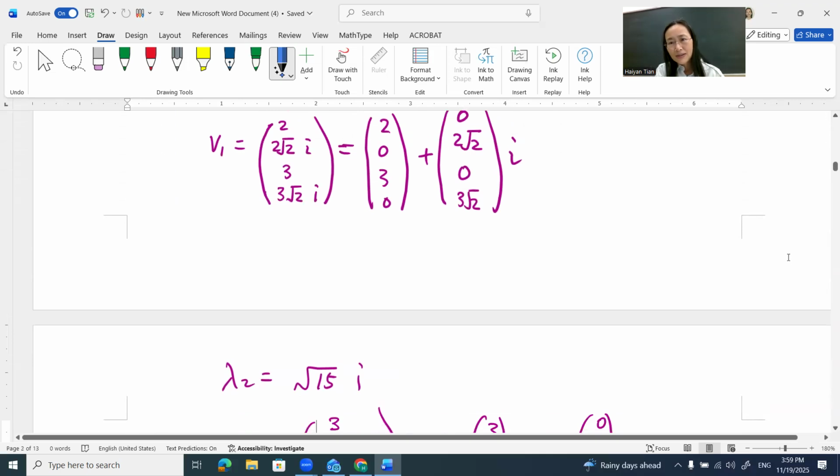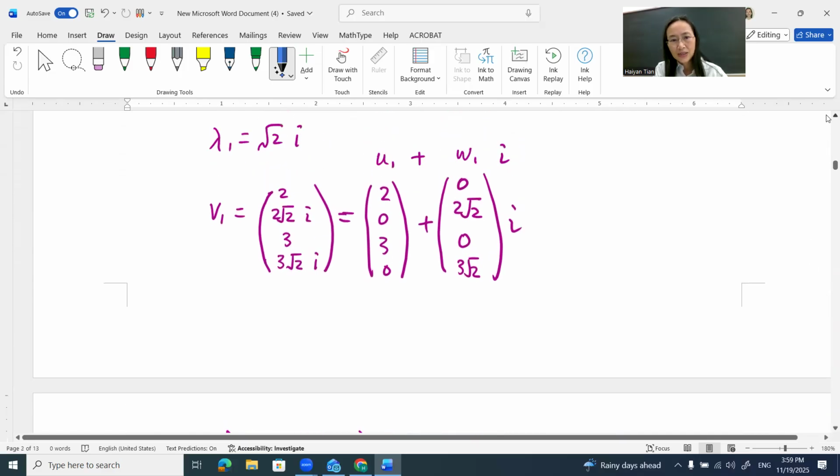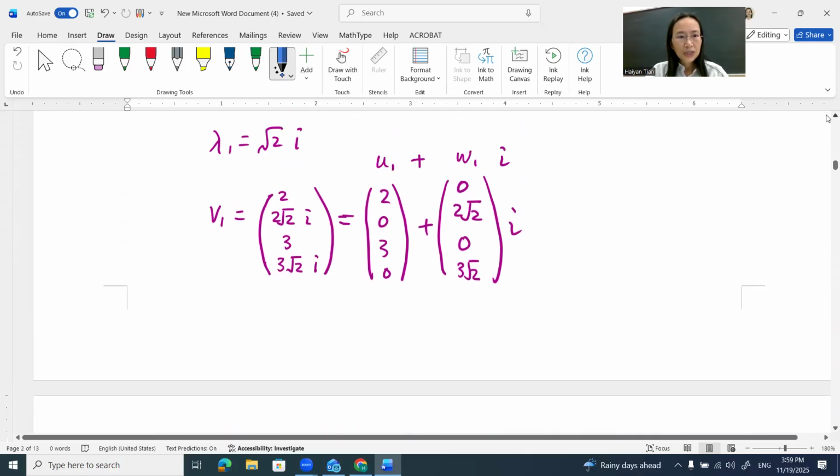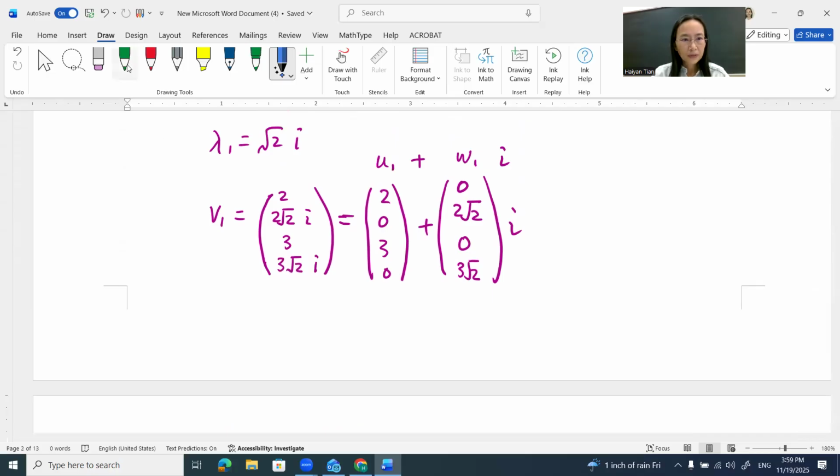But it doesn't hurt. We don't lose anything, because even if you consider the conjugate, instead of the plus, we put a minus. The only thing that differs is the sign. So instead of W1, you will have a negative W1.